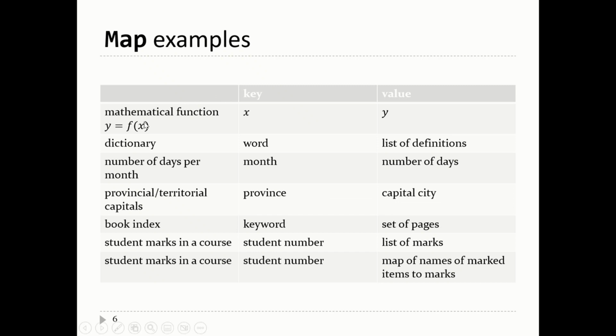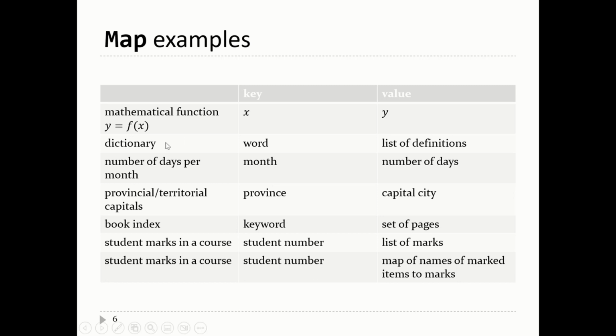A mathematical function, your calculus professor may have also called that a mapping. In a mathematical function, every value x maps to some value y. So your keys for a mathematical function would be the x's, and your values would be the y.